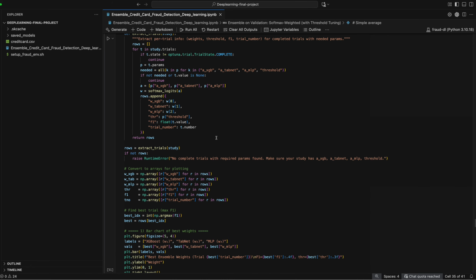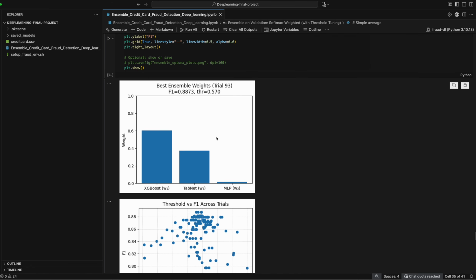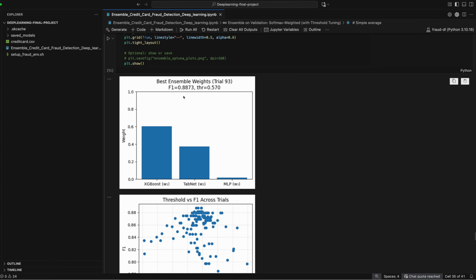So if you look at it, this is how the study has differentiated the weights. What the study is saying, and this is all about hyperparameter tuning, is that these weights, like 0.6, that is the weight of W1, are not hard coded by me anywhere.